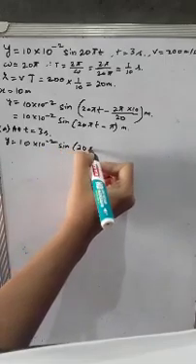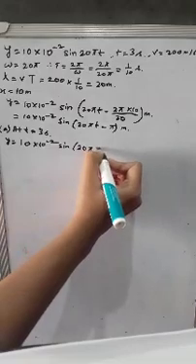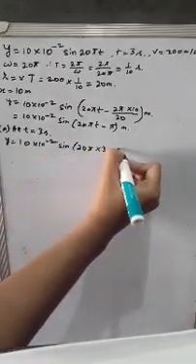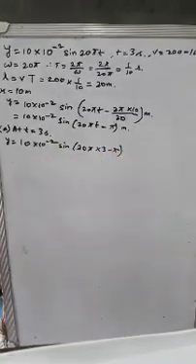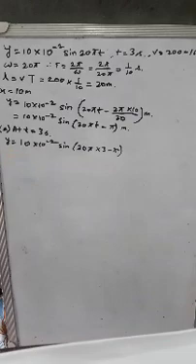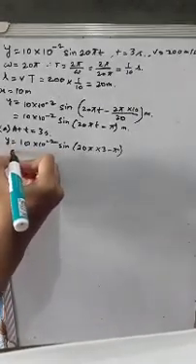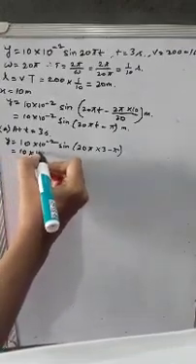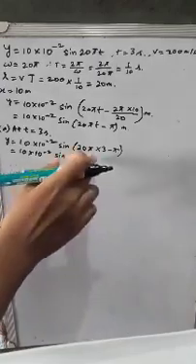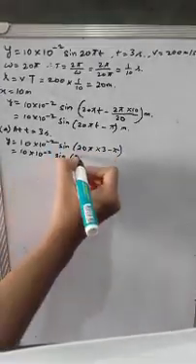So 20 pi, instead of writing t, what will I write? Into 3 seconds, that means into 3 minus pi. Just do the calculation. So this will become 60 pi minus pi, that means 59 pi.